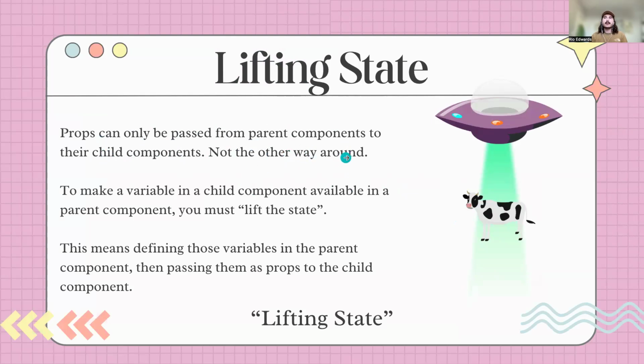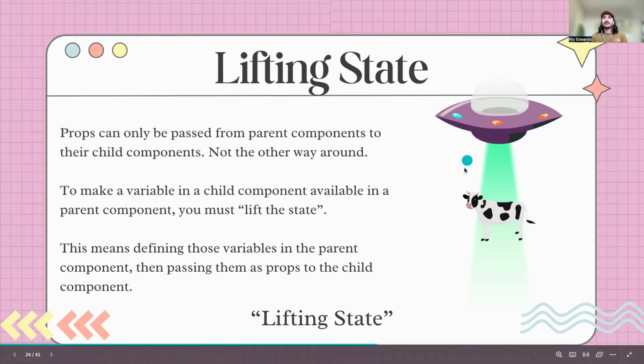So you can't pass a prop from a child component to a parent component. And lifting state is a solution to that. To make a variable in a child component available to a parent component, you must lift the state. This means defining those variables in the parent component, then passing them as props to the child component.